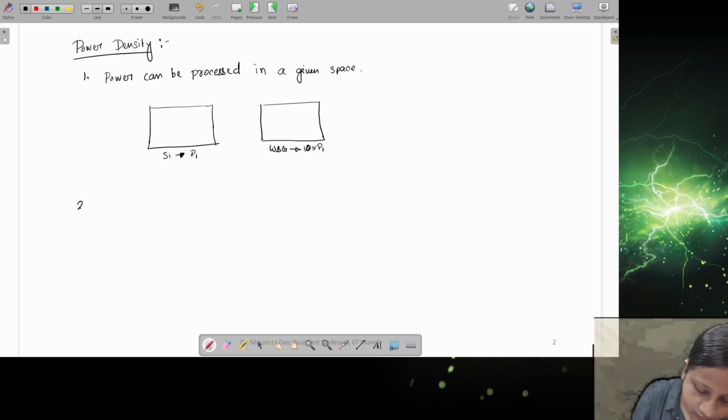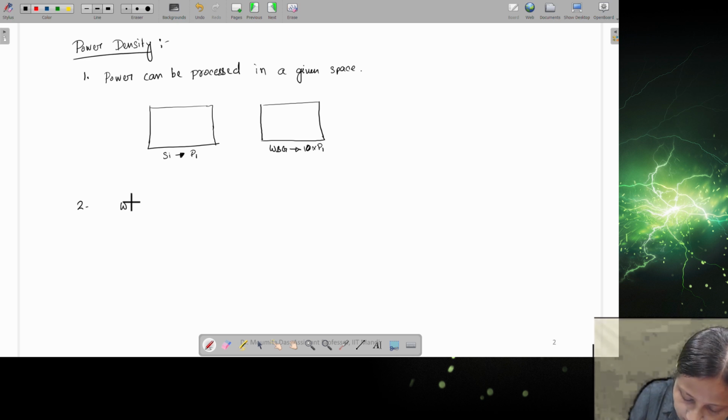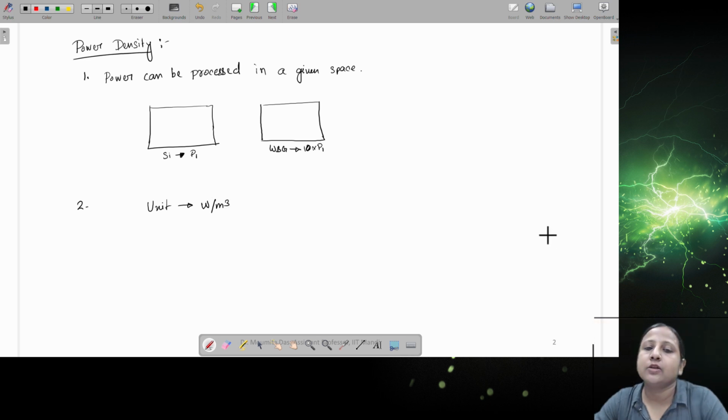Now the unit of this is watt per meter cube. Meter cube tells the space where watts of power are processed.